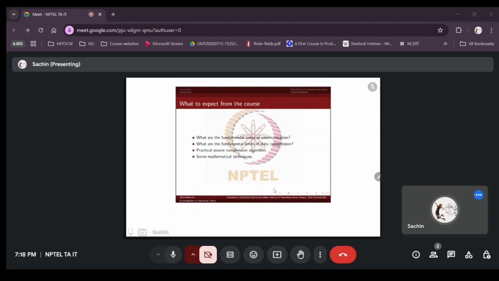So from this course, our expectations were to find the fundamental limits of communication, fundamental limits of data compression, practical source compression algorithms, and some mathematical techniques that you need if you are going to work in this field. And I hope we have met these expectations.